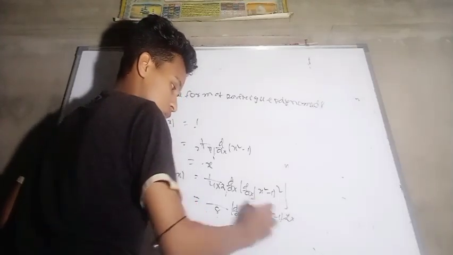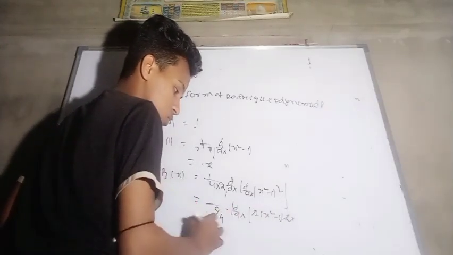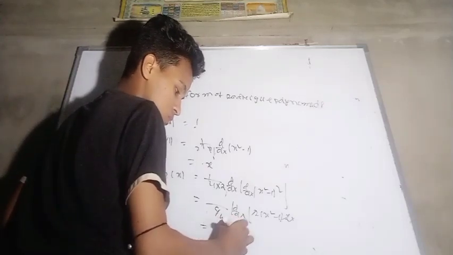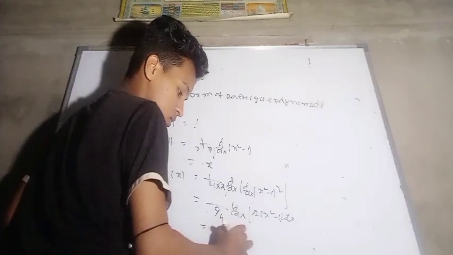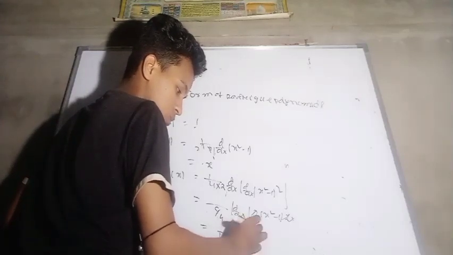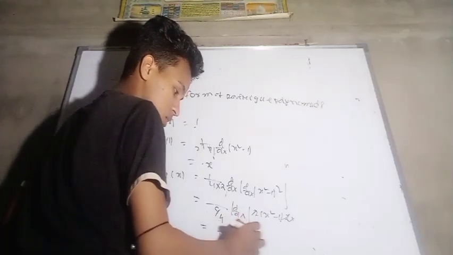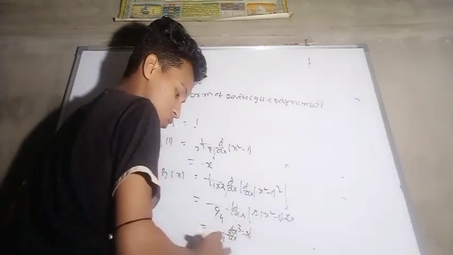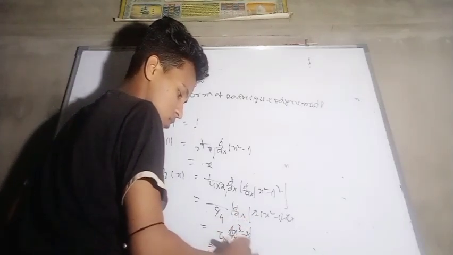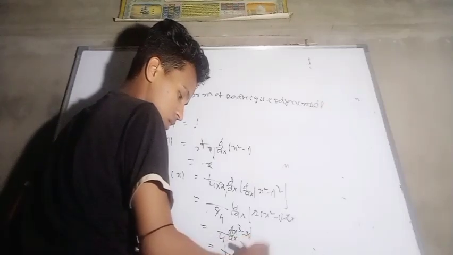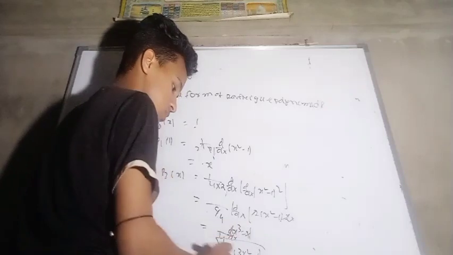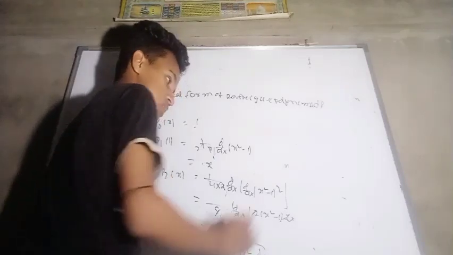So 2 and 2 will give us 4, so 4 upon 8, d by dx of x cubed minus x, which gives us 1 by 2 (3x squared minus 1). So that is our P2, which is easily remembered.